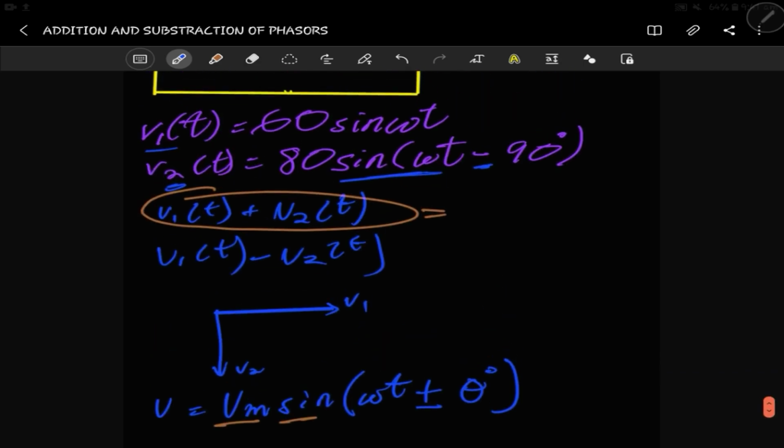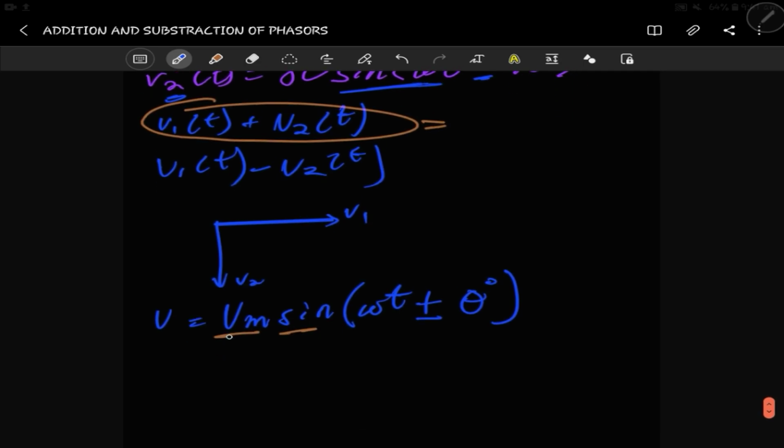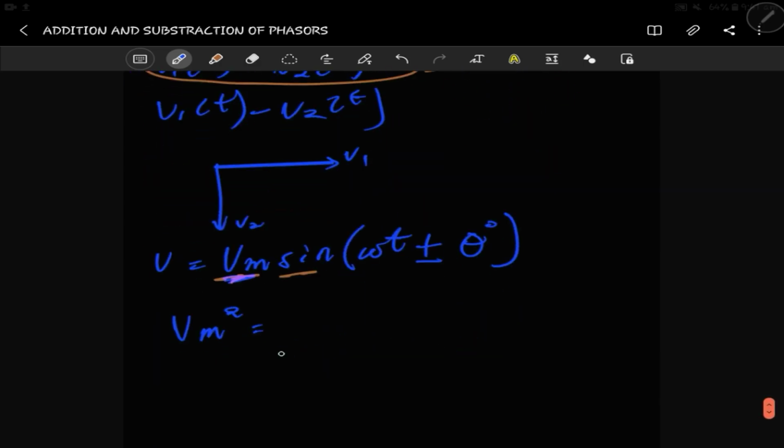Because these quantities are actually 90 degrees to each other, when we are trying to find a Vm, the vector quantity is very easy. So basically, in order to find this Vm here, when we are saying vectors, what we mean is that this Vm squared is equal to v1 peak squared plus v2 peak squared.